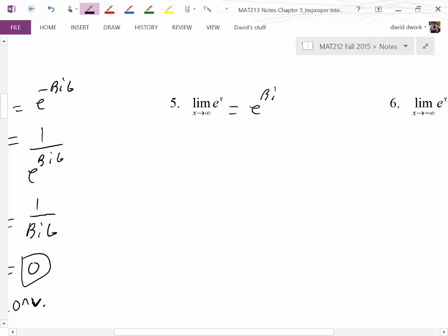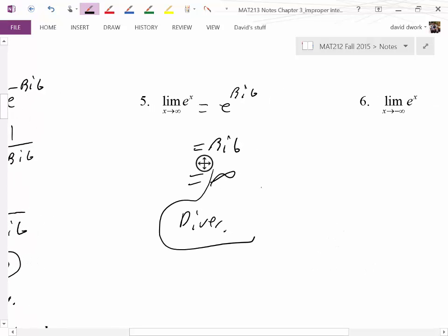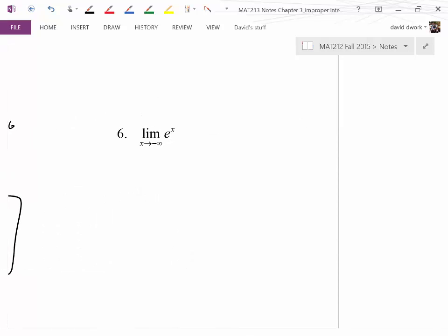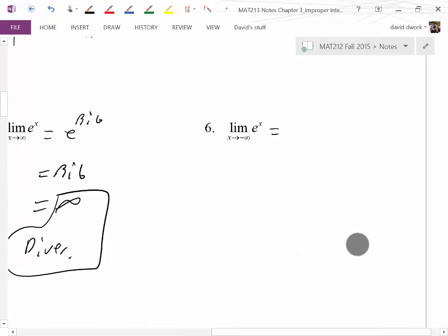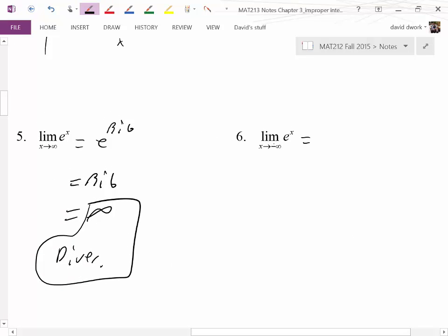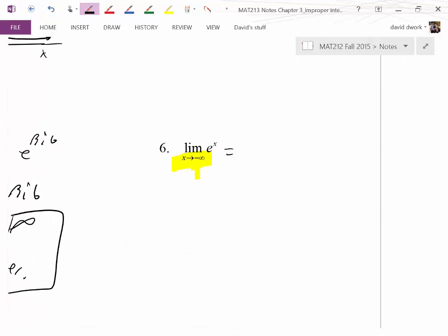e to the something really, really big, but there's no negative exponent like that last problem, so I can't do anything with it. That just gets really, really big, which is the concept of infinity, which means it diverges. Okay. Next, and not least, we don't always just have to approach infinity. We can approach negative infinity if we want to. So we go ahead and substitute that in.